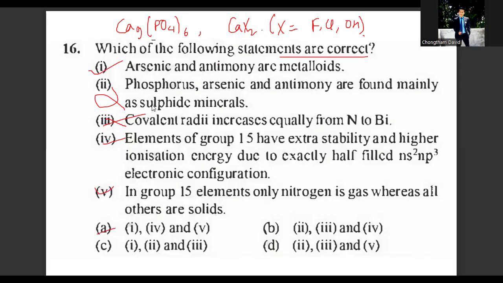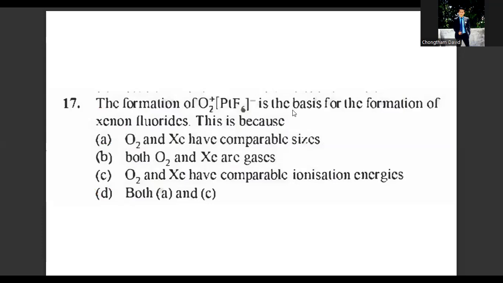Moving on to question number 17, the formation of this salt is the basis for the formation of xenon fluorides. This is because the first ionization enthalpy of xenon is 1170 kilojoule per mole, very large.